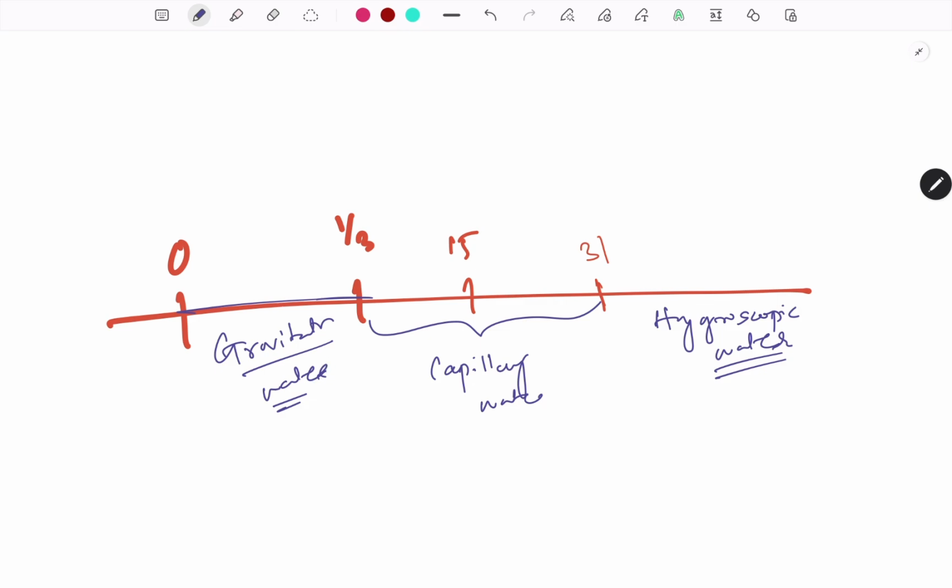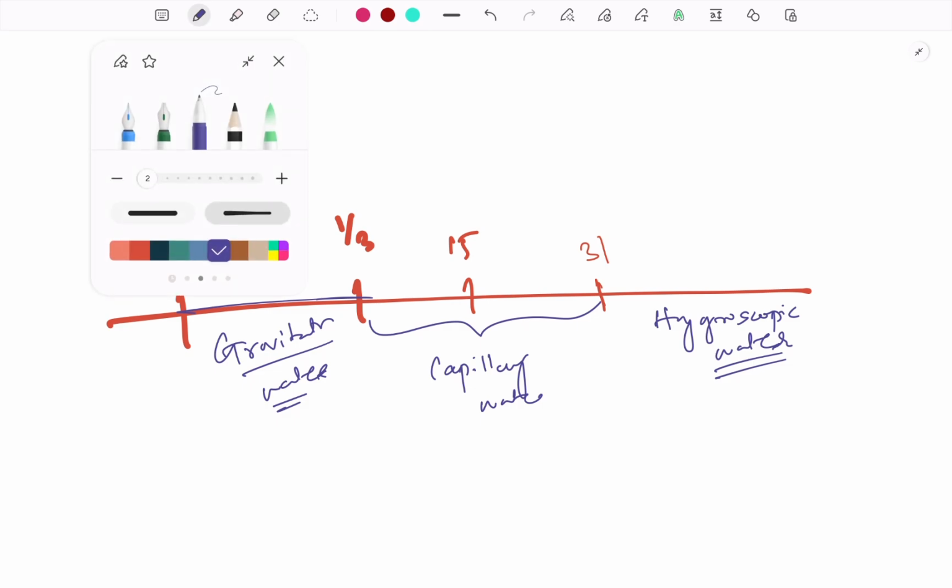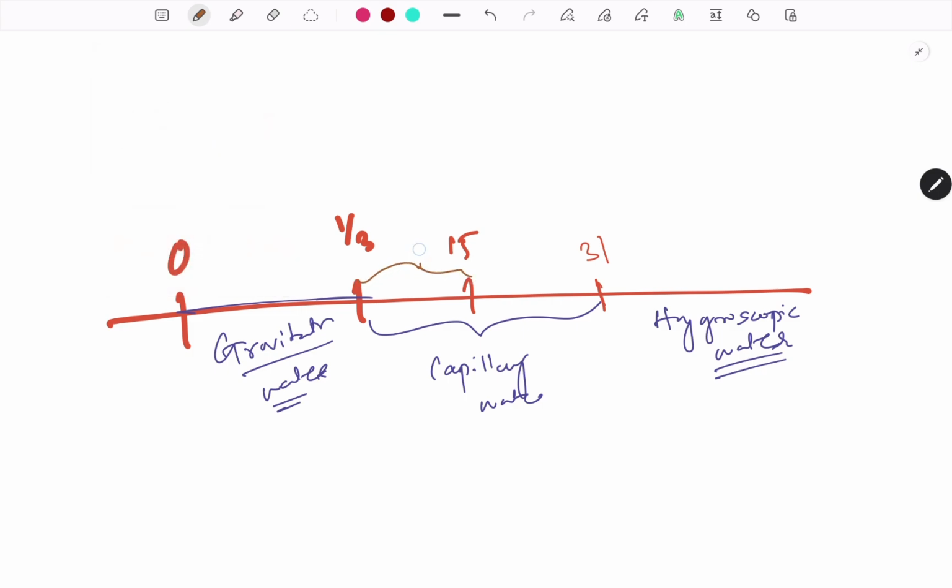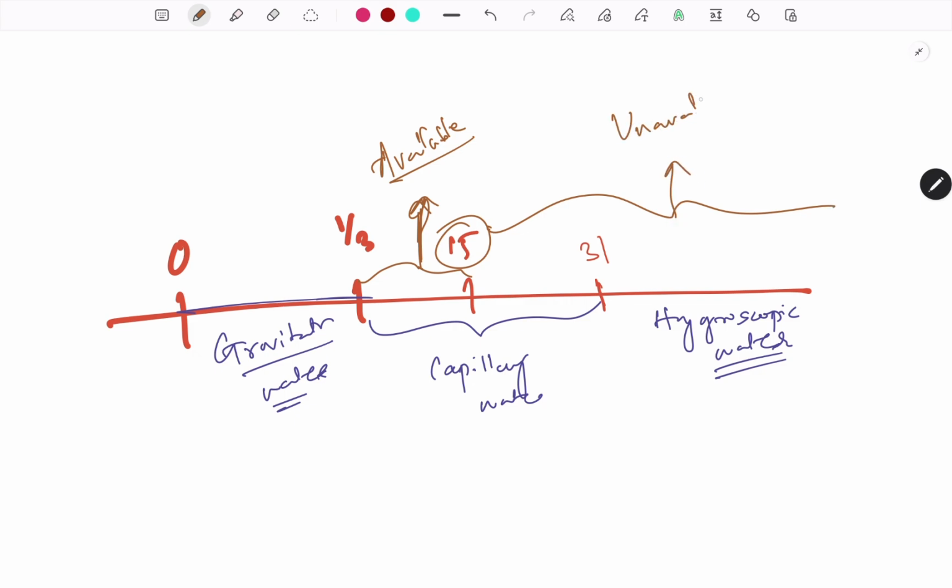These three we have already discussed. Again, available water is available to the plant for growth. It is held between 1/3 to 15 atmospheric pressure. We can see this part. This part is available water. And unavailable water is more than 15 atmospheric pressure. Whatever we can see here is unavailable water.